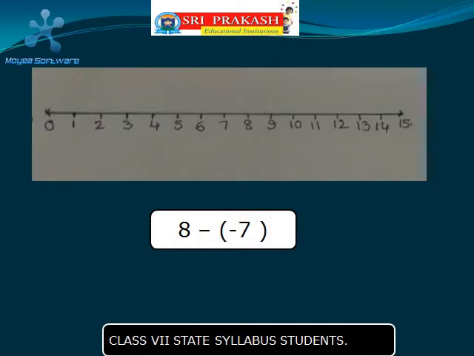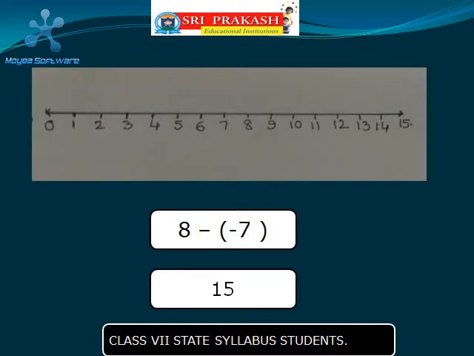And now as you have to subtract a negative number, you should move towards right by 7 units or 7 spaces. So 9, 10, 11, 12, 13, 14 and 15. So the answer for 8 minus of -7 is 15.